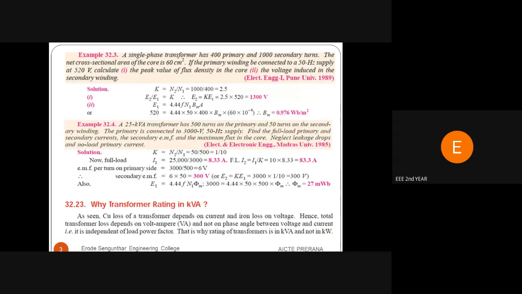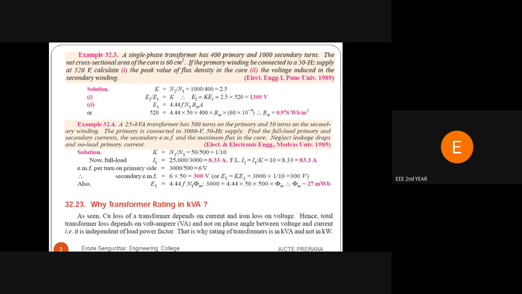We know that the transformation ratio, or voltage ratio, E2 by E1 equal to K, that is equal to N2 by N1. Based on the equation, secondary induced EMF E2 equal to K into E1. So E1 is approximately 520 volts, equivalent to the supply voltage V1.